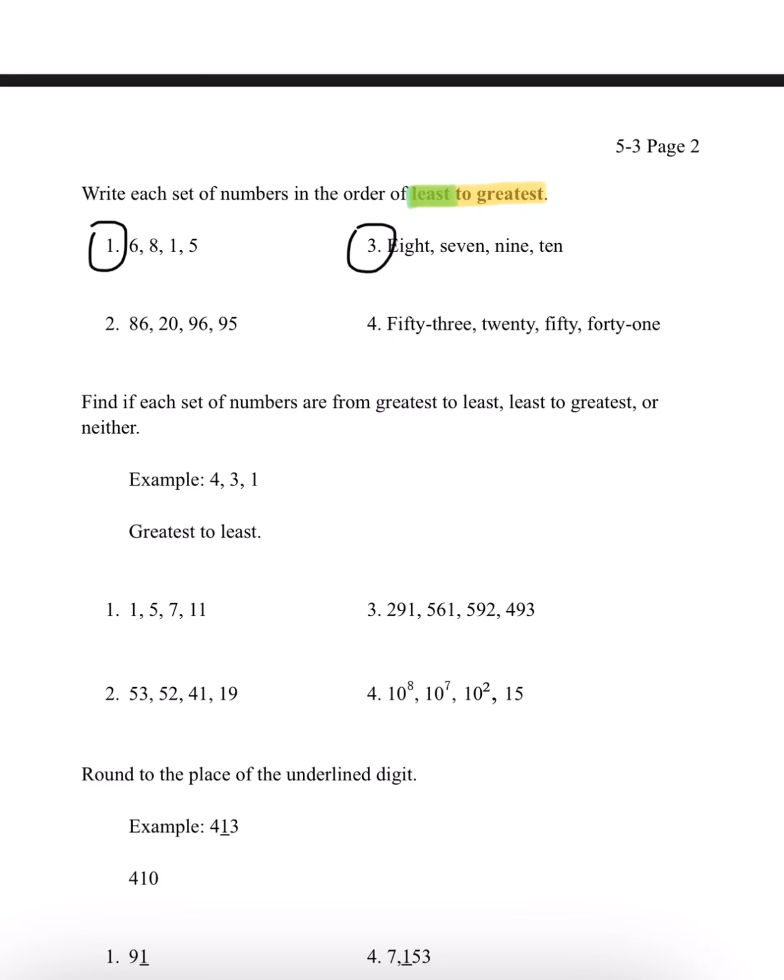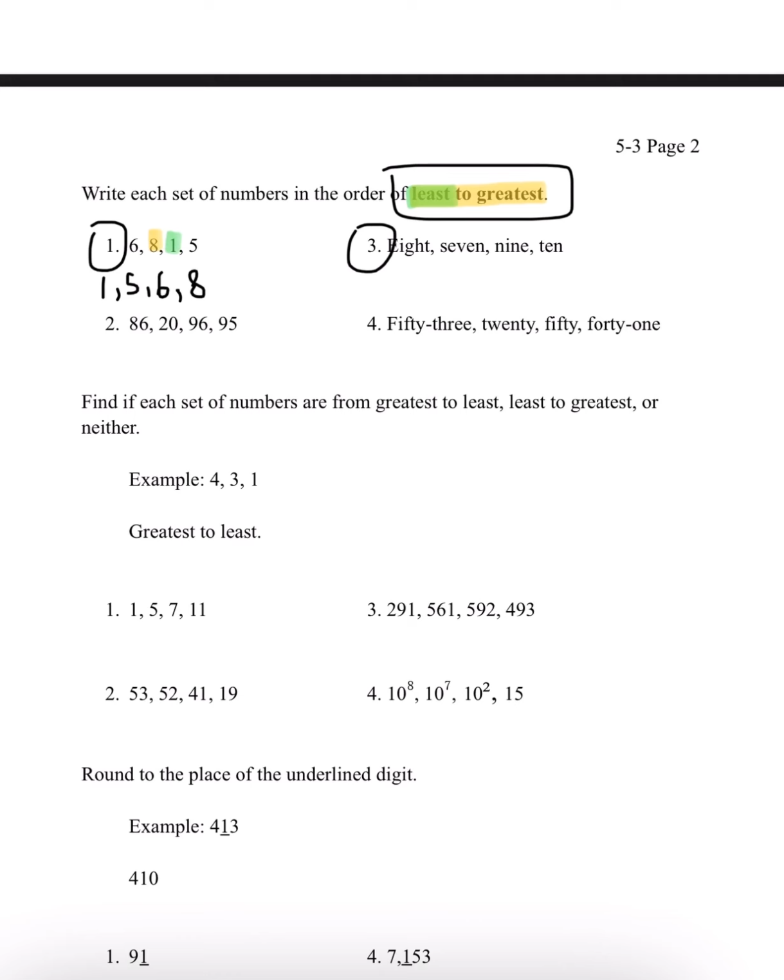The least here is 1, and the greatest is 8. So we'll start the order with 1, since 1 is the least. After 1 is 5, then 6, and the greatest we already know is 8.